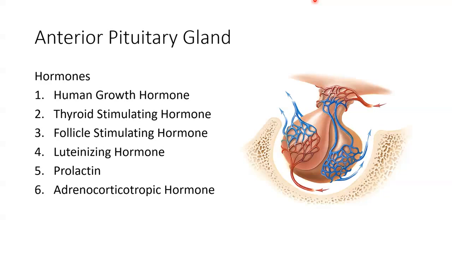Those that act on other endocrine glands are what we call tropic hormones or trophins. There are 6 hormones released from the anterior pituitary gland that we're going to talk about today. These are human growth hormone, thyroid stimulating hormone, follicle stimulating hormone, luteinizing hormone, prolactin, and adrenocorticotropic hormone.